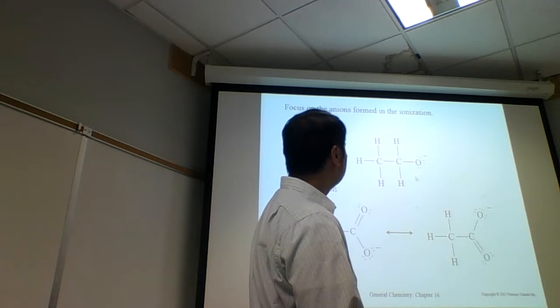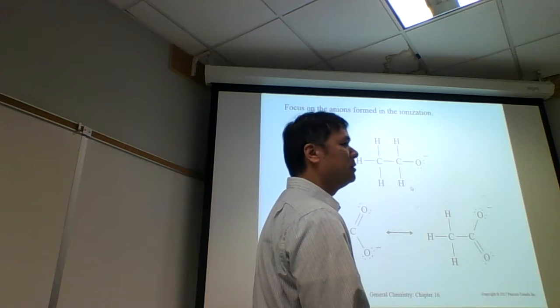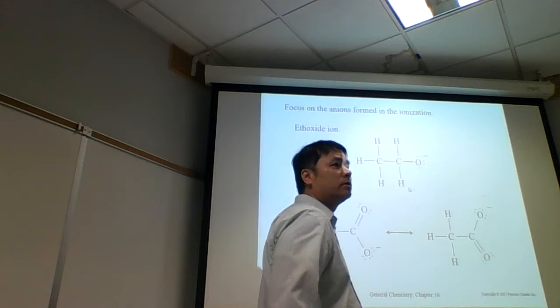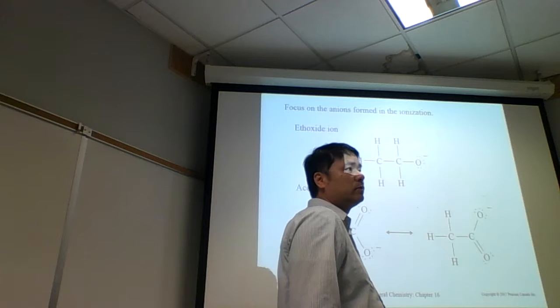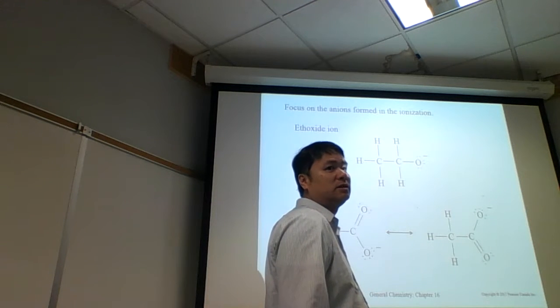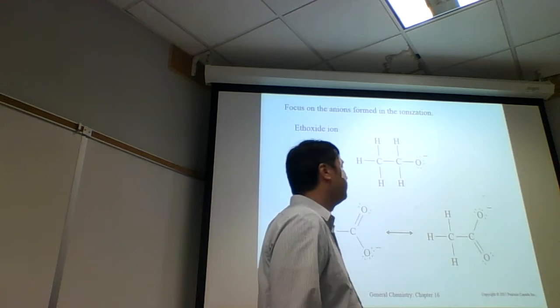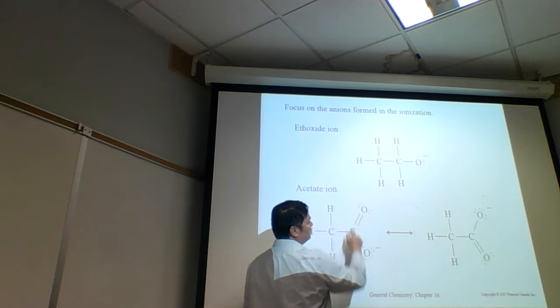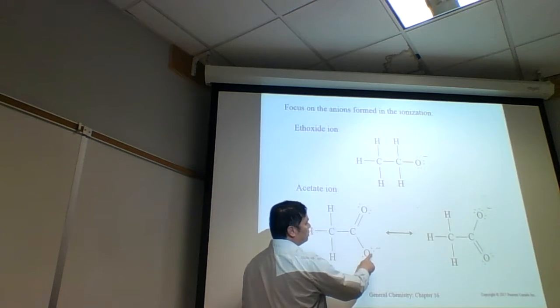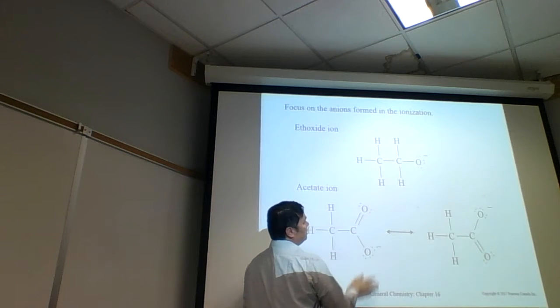Now, the key difference between ethoxide and acetate is this. This is what the slide is trying to show, and this is what you would summarize: the difference between localized versus delocalized electrons. Here it's delocalized over 2 oxygens, giving a charge of not -1 or 0, but -1/2.